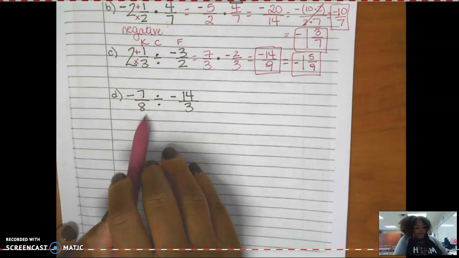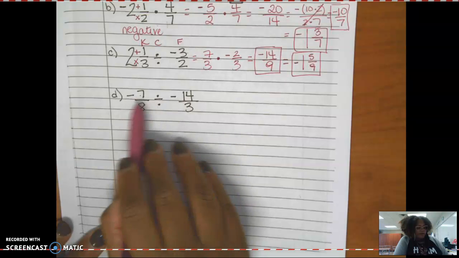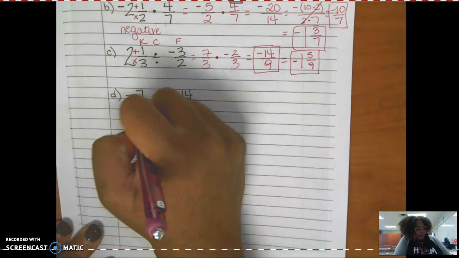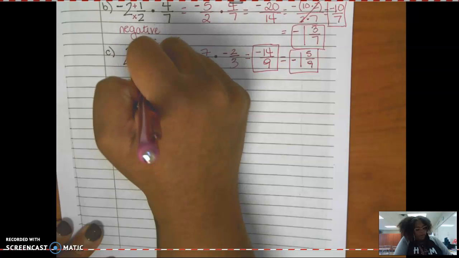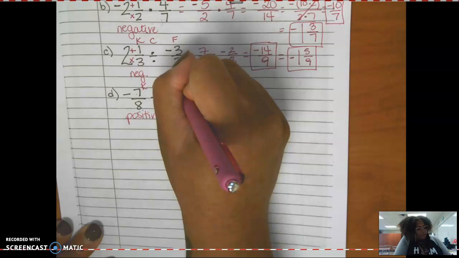Lastly, I have negative 7/8 divided by negative 14/3. These are negative numbers, so if they have the same sign when I'm multiplying or dividing, I will get a positive answer. I will write positive up here. And then I would keep, change, flip.